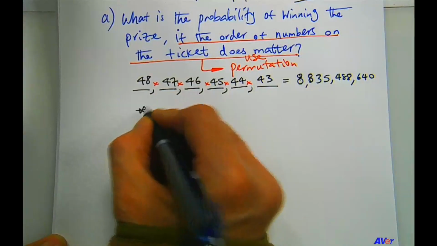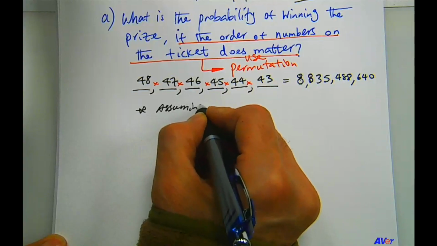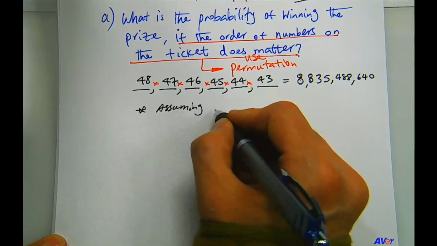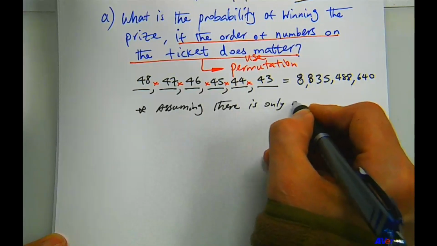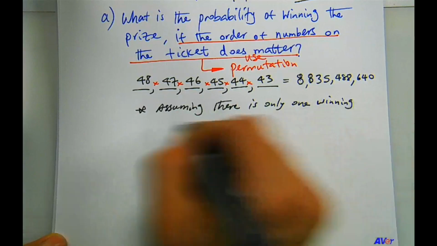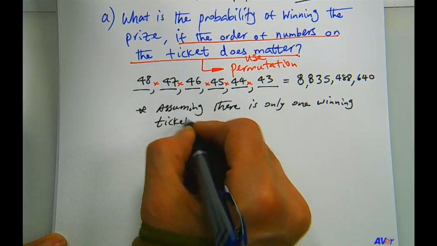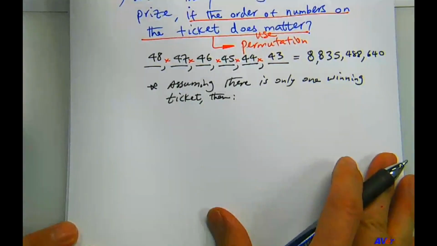Let me write that: assuming there is only one winning ticket, this is how the probability of it is calculated.